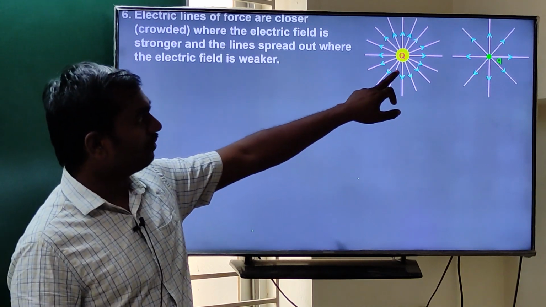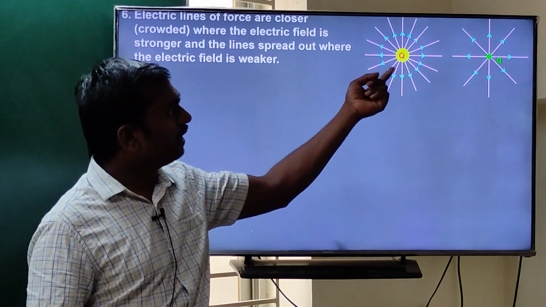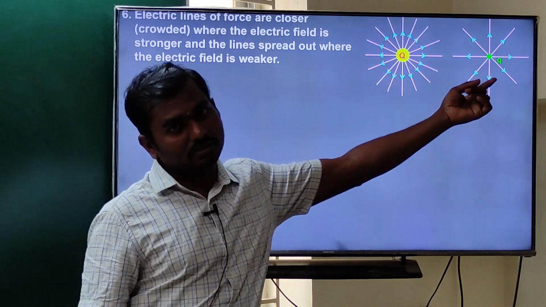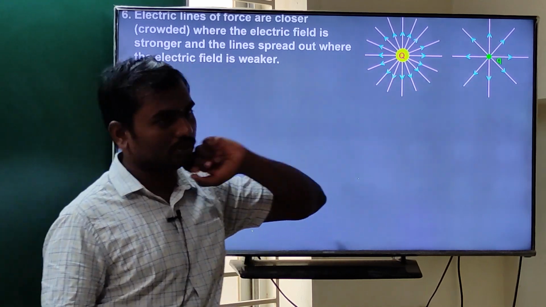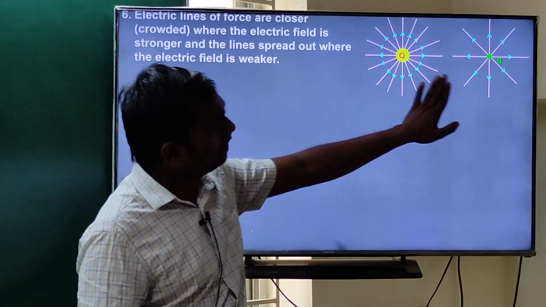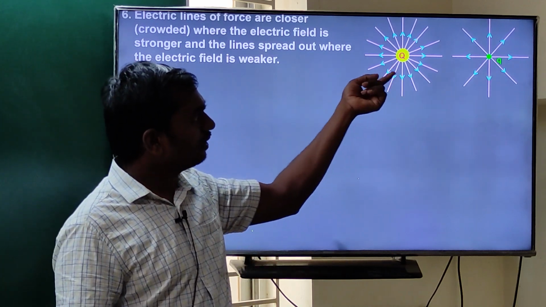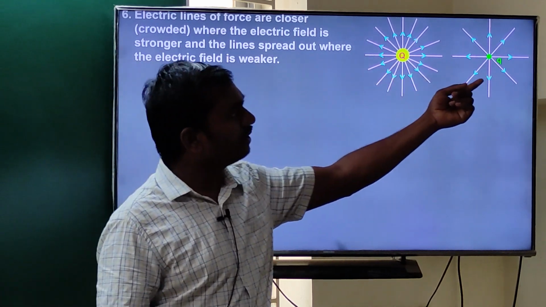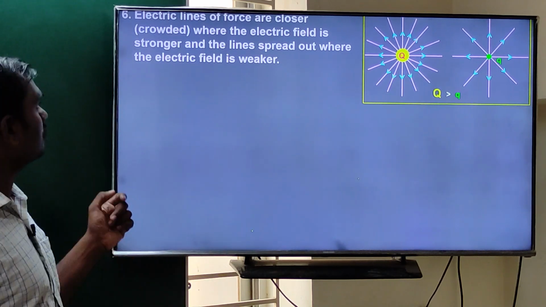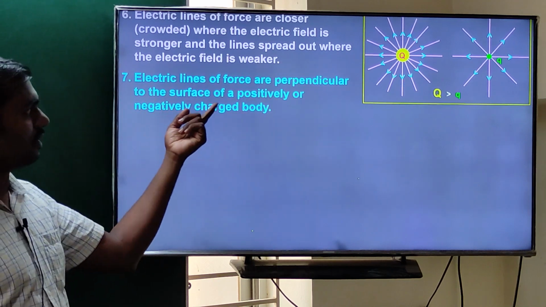Here, at plus capital Q the field lines are crowded, and at small q they are spread out. So the strength of the field is greater at capital Q than at small q.